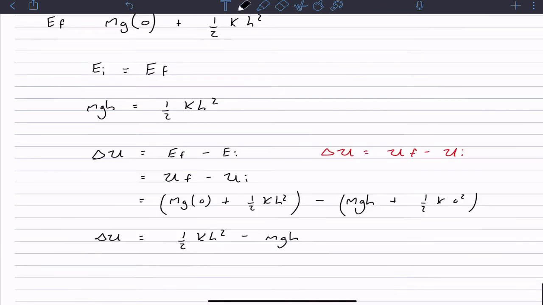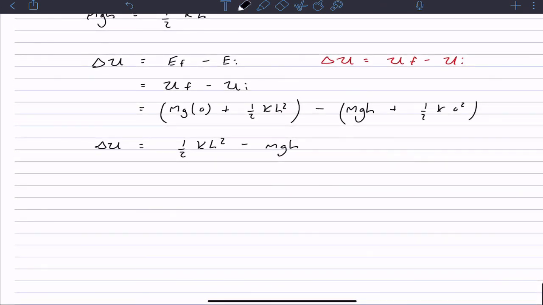So, all right, let's just plug in some values. So what do we have? We have half k is 125 newtons per meter.